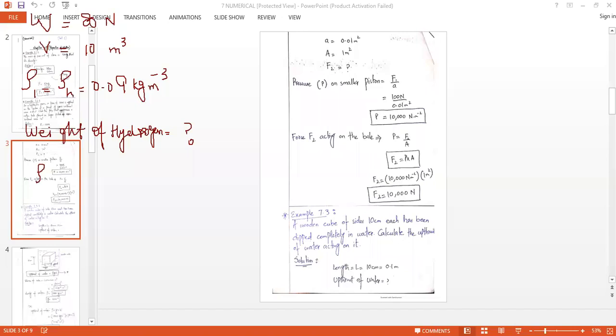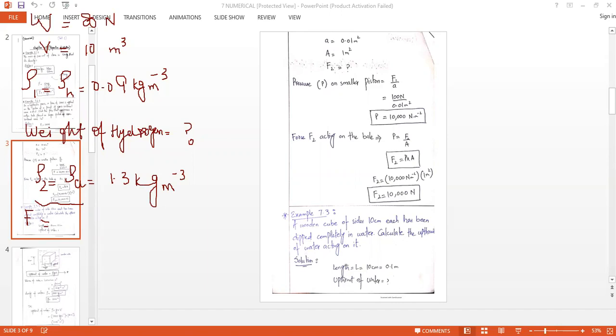Now rho 2 is the density of air, equals 1.3 kilogram per meter cube. So the upthrust force, that is F, for air, and this is for hydrogen, and this is for air.